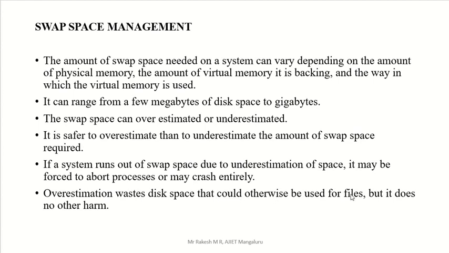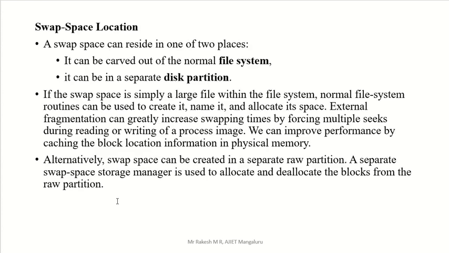We can use that space for other things, but it does no other harm. It doesn't have any problem compared to underestimation. With underestimation there may be a chance of data loss or disk crash, but here we don't have that problem. There is no data loss, because we have enough space for swapping. So this is a good method, overestimation.